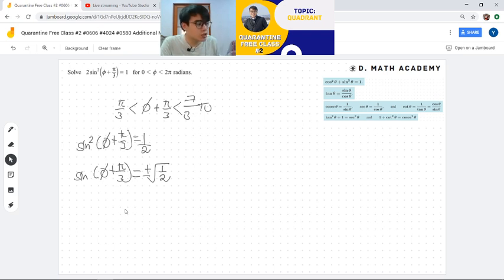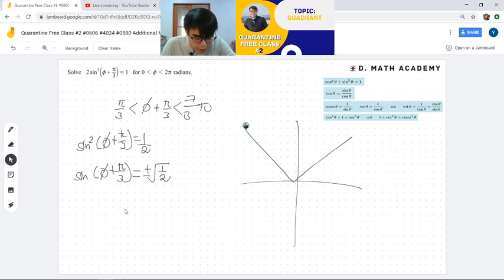By doing so, I will know that my range now could have results in quadrant 1, 2, 3, 4, because it covers all plus and minus.